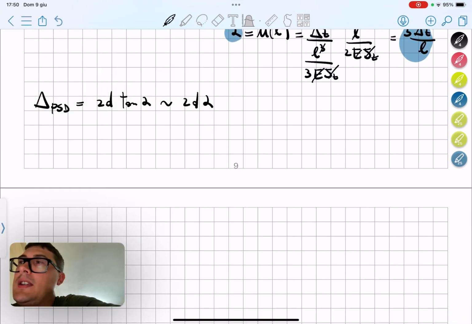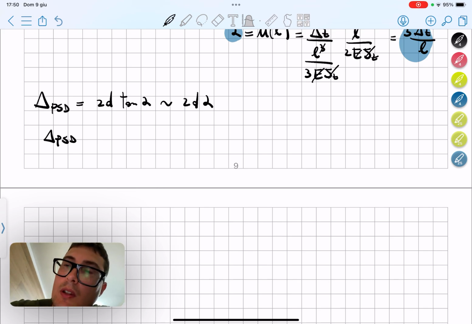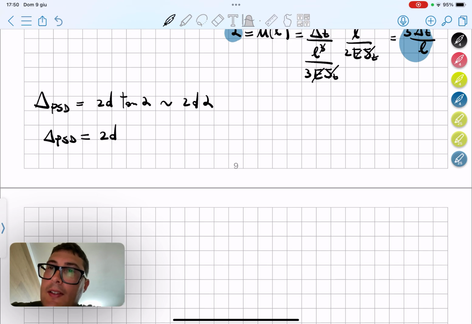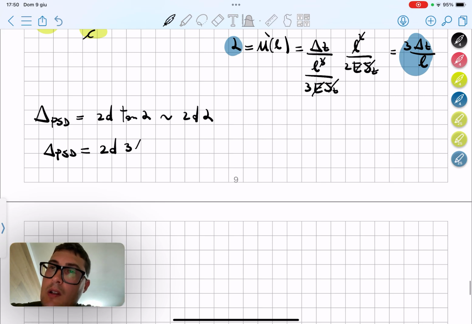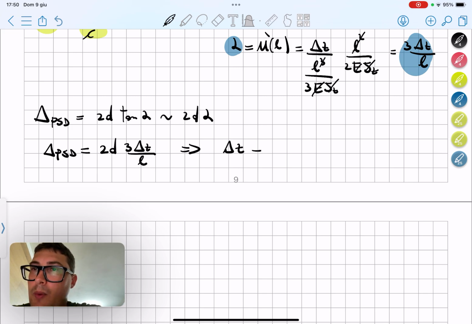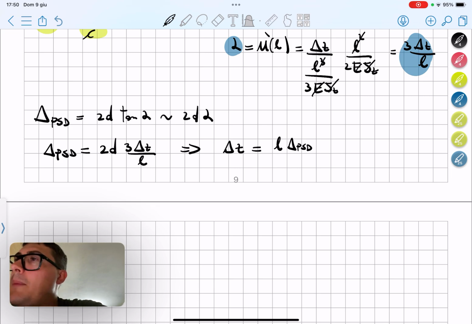So the delta PSD is equal to twice the distance to the photodiode times alpha, but alpha is 3 delta z over L. So if we reshape it in this way, we have delta z equal to L delta PSD. I'm sorry, I forgot that there is a 2, which of course simplifies.